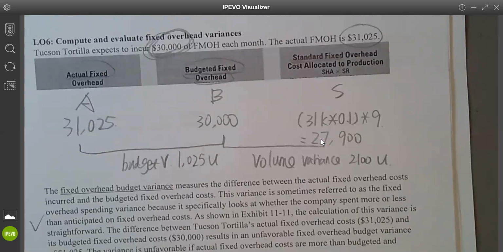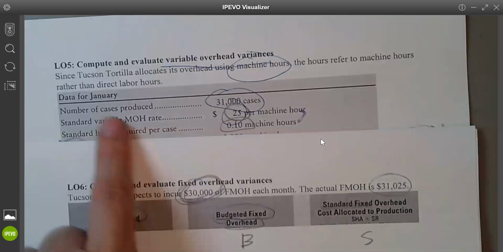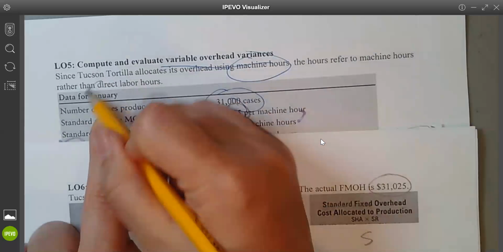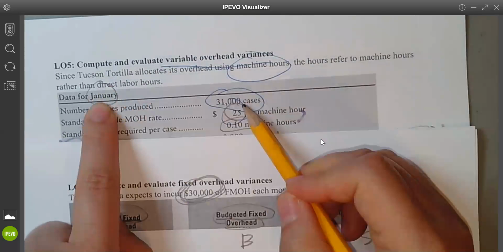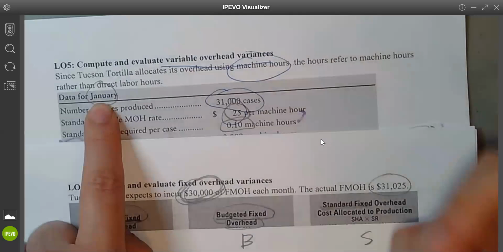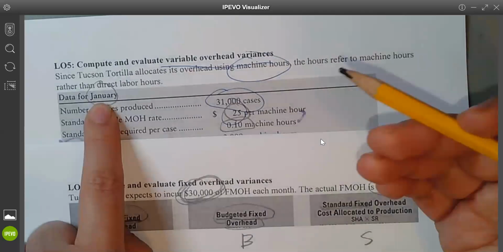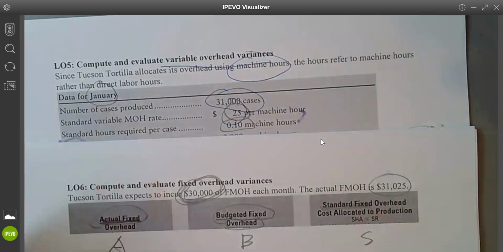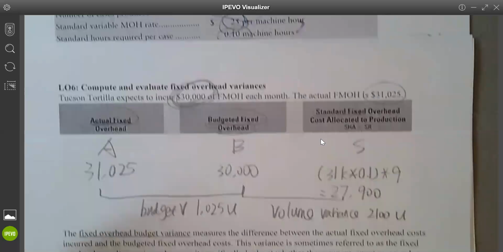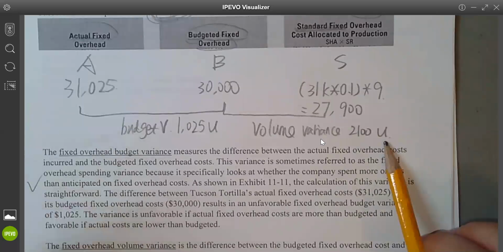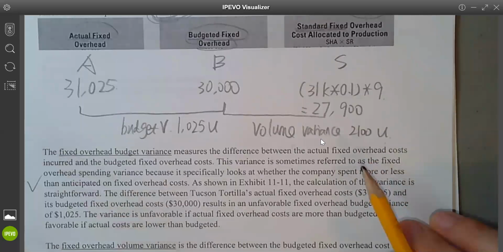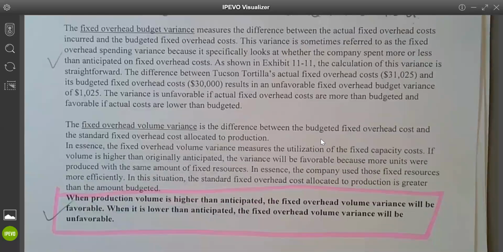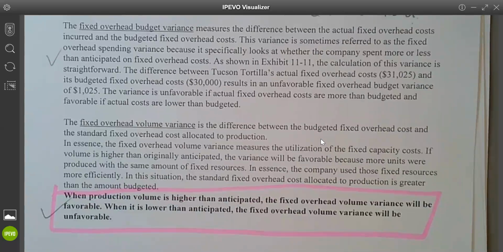I looked at the textbook, then I found out this is just your monthly, just your January. If you are curious, go back to the textbook. The textbook said for the yearly volume, your actual yearly volume is lower than your yearly anticipated volume. So that's why you have an unfavorable volume variance. But as I say, I don't want to misguide you. So just make sure to remember this paragraph.